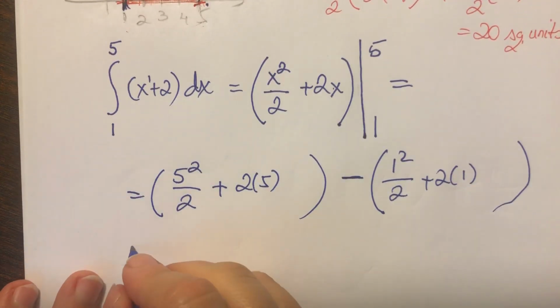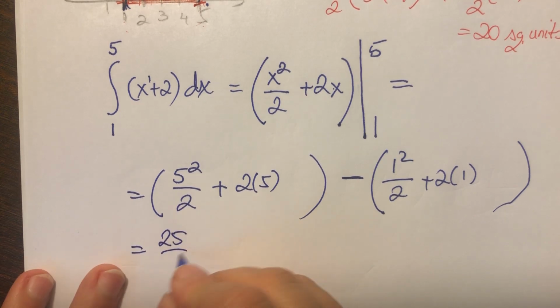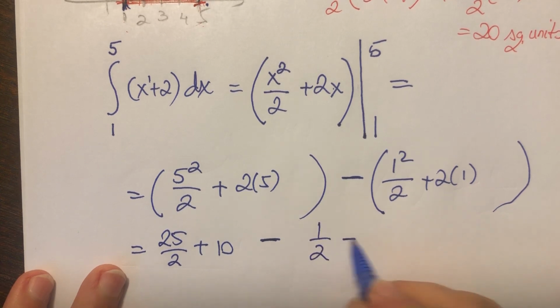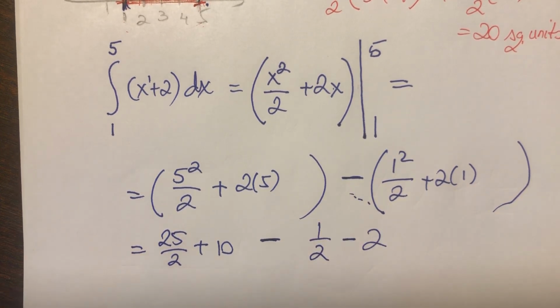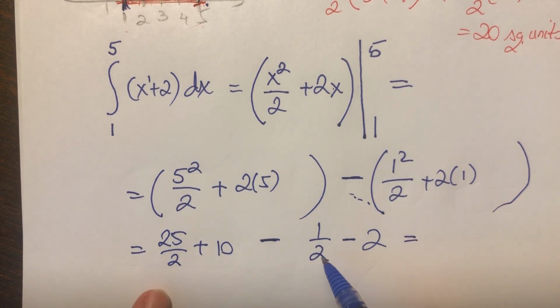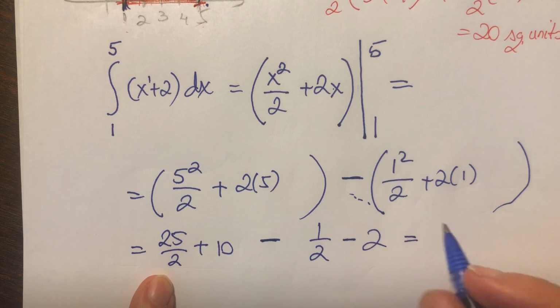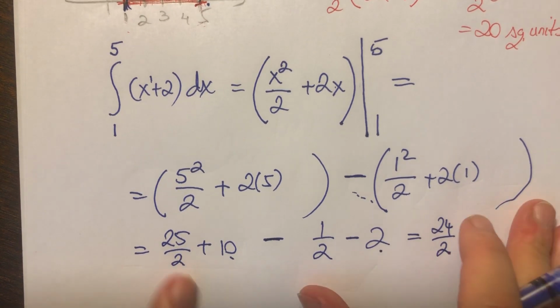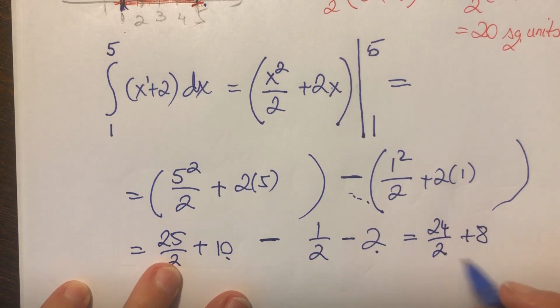Okay, so that's 25 over 2 plus 10 minus 1/2, and then be careful to subtract, right? Distribute that minus 2. And then 25 over 2 minus 1/2, that's 24 over 2, by the way, which is 12. 10 minus 2 is an 8. So that's 12 plus 8 is 20.